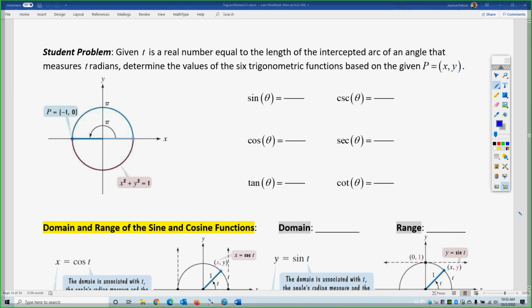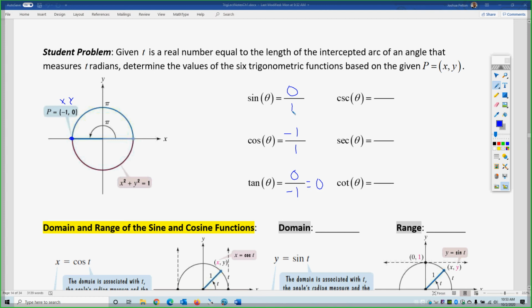Okay, so now we have a coordinate of negative 1, 0, which is our x and y. So sine is 0, and cosine is negative 1. We'll make those fractions. Actually, hold on, before we do that, let's do the tangent. So the tangent is the y over the x, okay? So we get 0 there. Make those fractions.